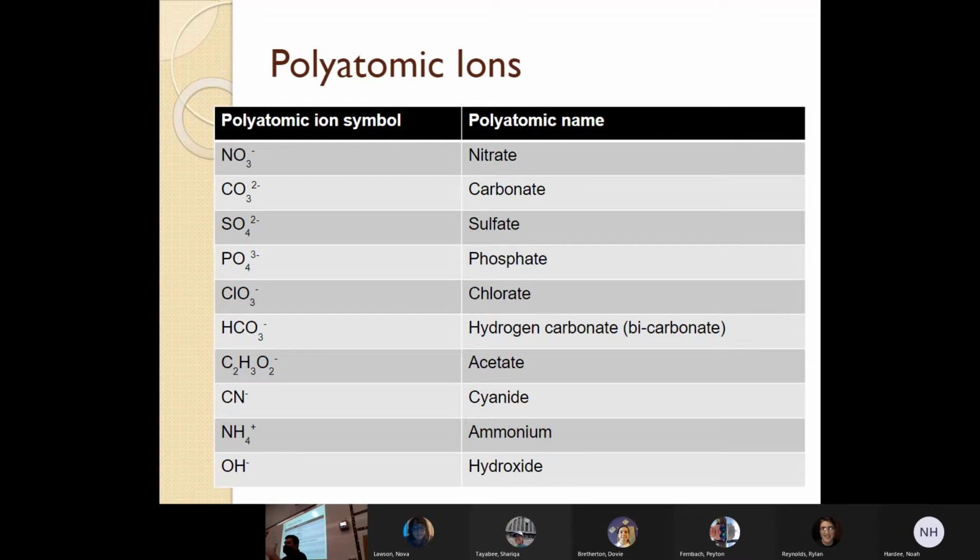Sulfate, SO4, again, you draw that, it's going to need 2 more electrons, 2 more bonds to be happy, to be satisfied, to have all the electrons that it needs. Chlorate, ClO3, it needs 1 more electron to be happy. Hydrogen carbonate, bicarbonate, it needs 1 more electron to be happy.